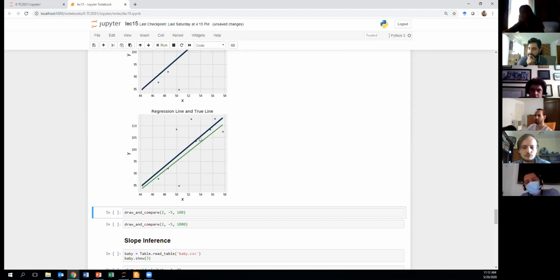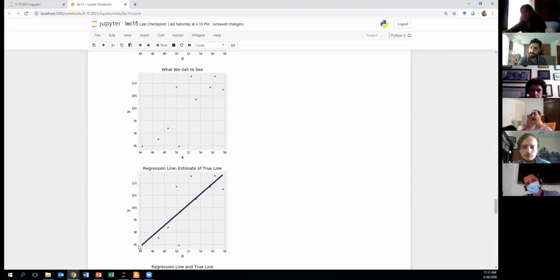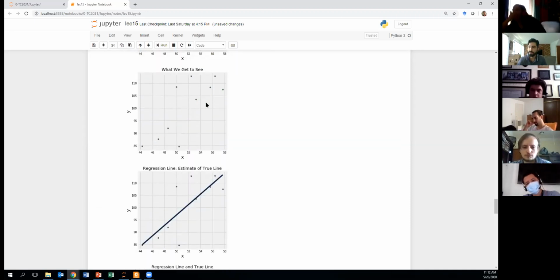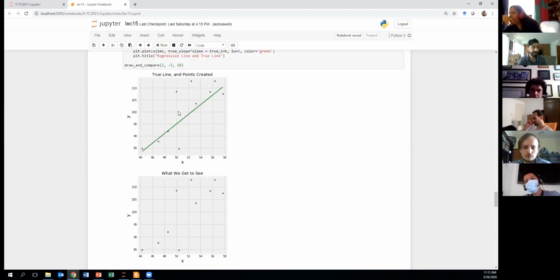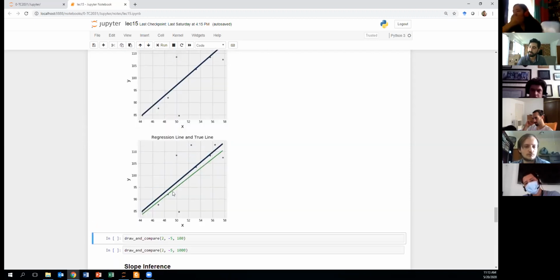So we always get some error in our prediction, right? Because we don't have the actual line from my population. Here I'm talking about sampling: the line from my samples and the line from my original population. This is the actual regression line for my original population. The green one is the one from my sample.